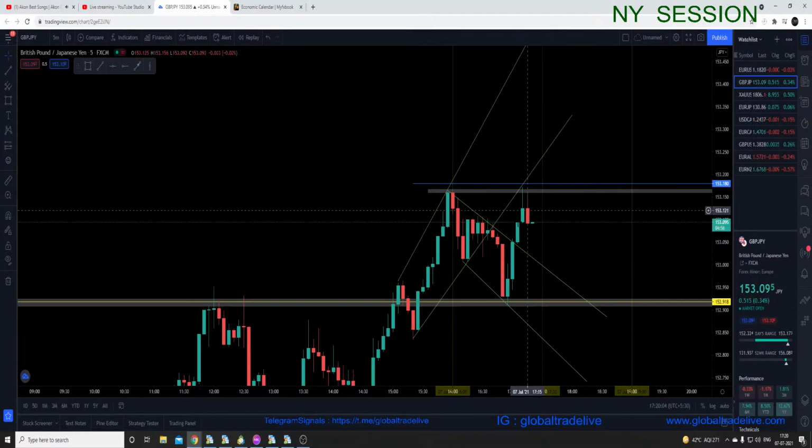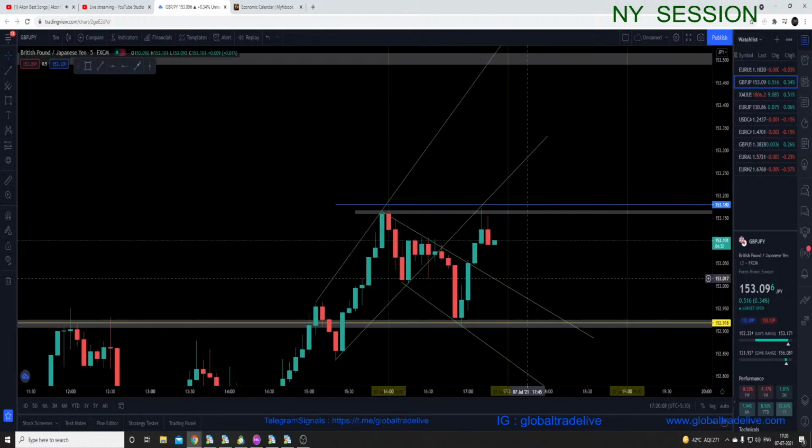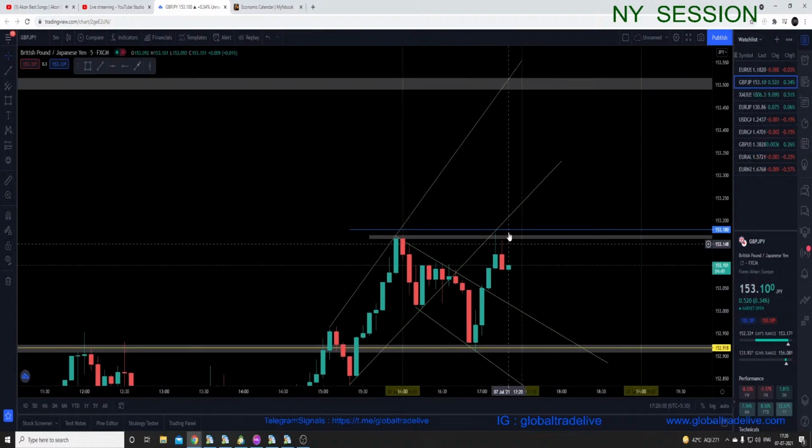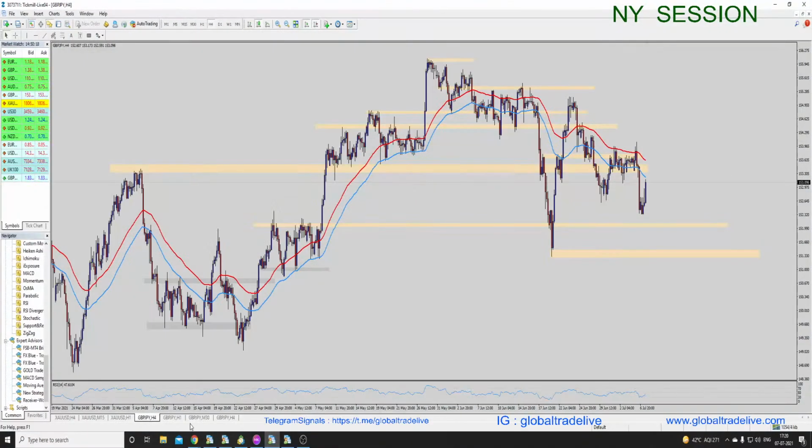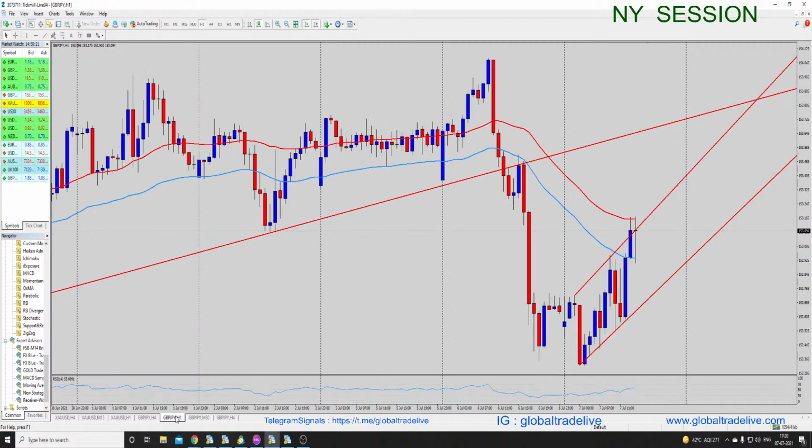So the 5-minute candle just closed with no wick on the bottom. Now if a 5-minute candle breaks this level over here, then the chances of going up have increased. Let's see.